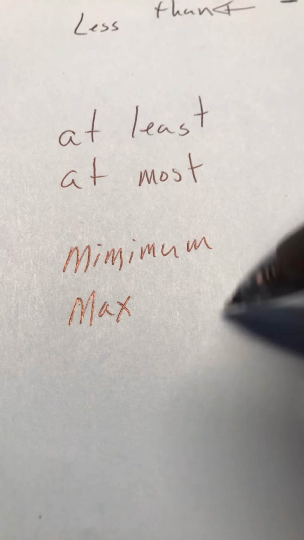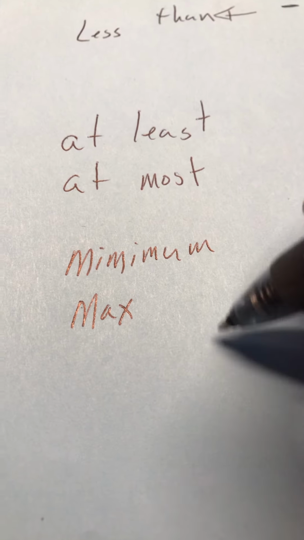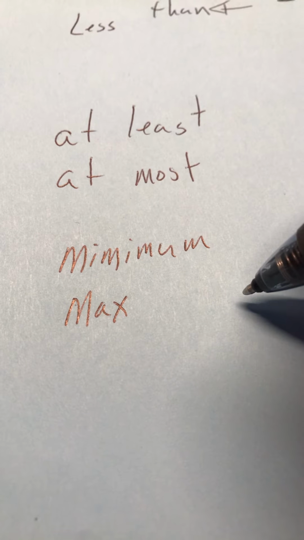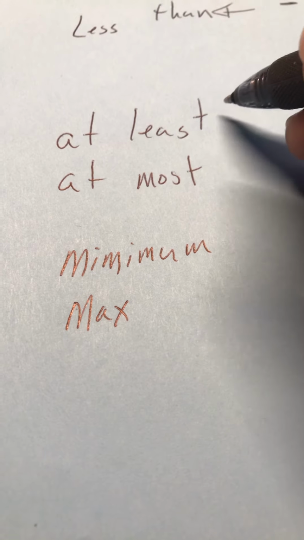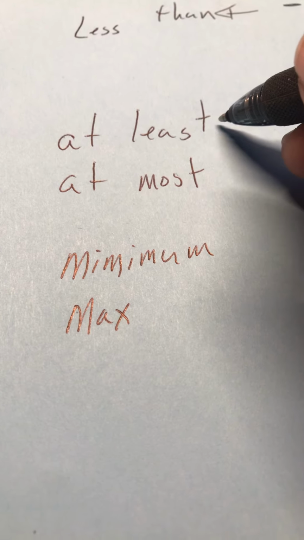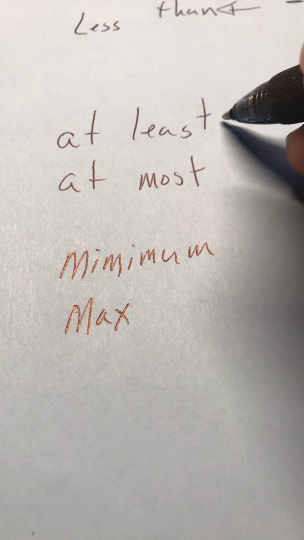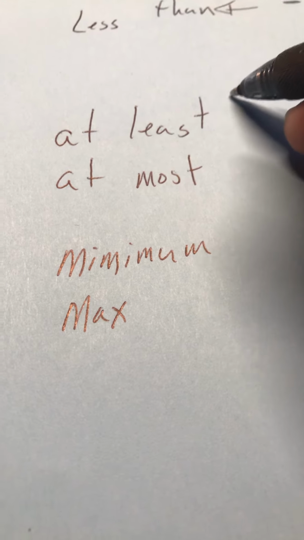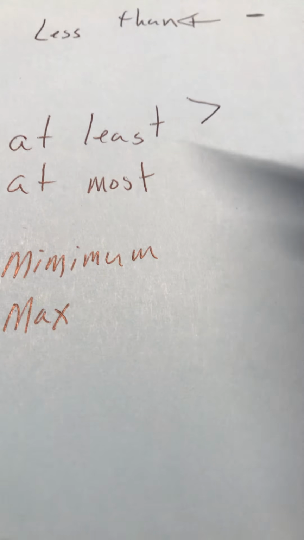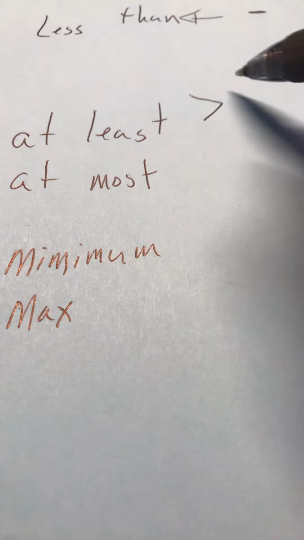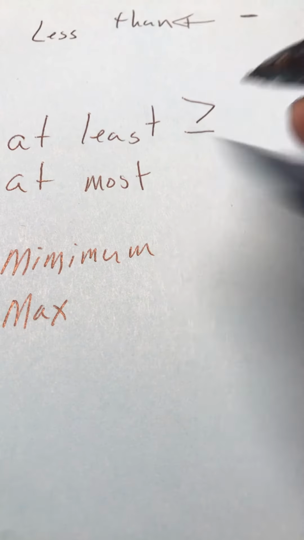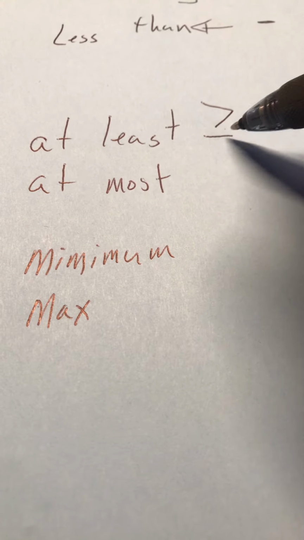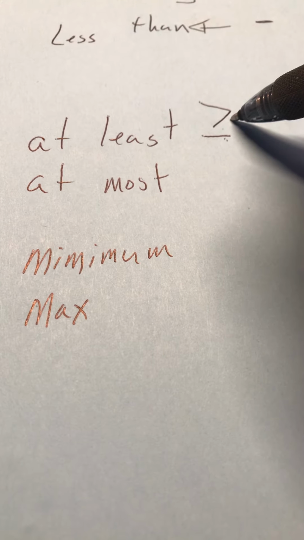These words in a word problem, instead of using an equal sign, we're going to use an inequality, right? So if, for example, I say I have at least $20 in my wallet, that means I have $20, but I could have $21, okay? So at least, it's kind of backwards thinking. At least means greater than or equal to, okay? So if I have at least $20, I could have exactly $20, or I could have $21, all right?